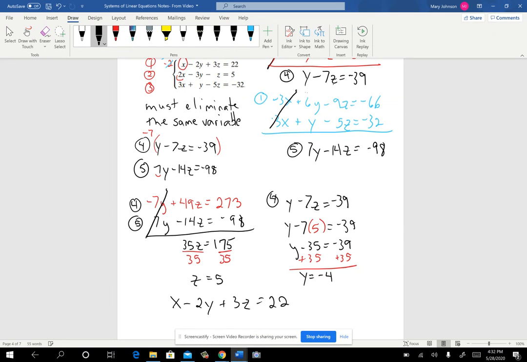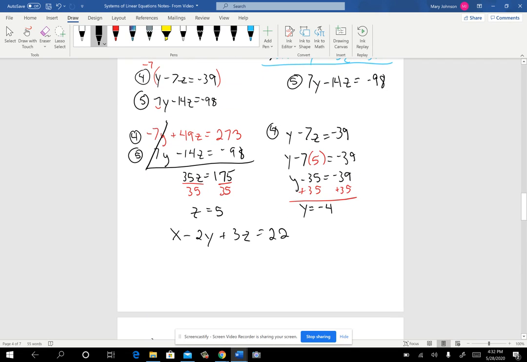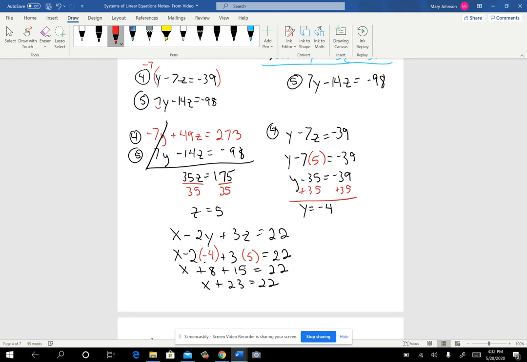Where z is, I put a 5, and where y is, I put a negative 4. So I'll have x minus 2 times negative 4 plus 3 times 5 equals 22. Watch your positives and negatives. That'd be plus 8 plus 15. These are on the same side, so that'd be x plus 23 equals 22. Then I take away 23 from both sides, and I get x equals negative 1.